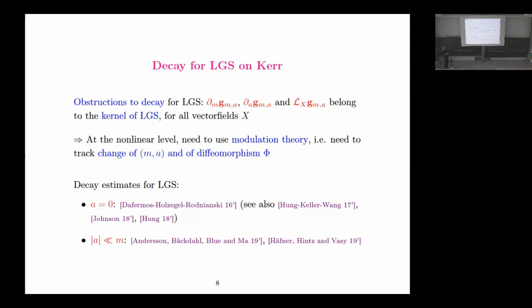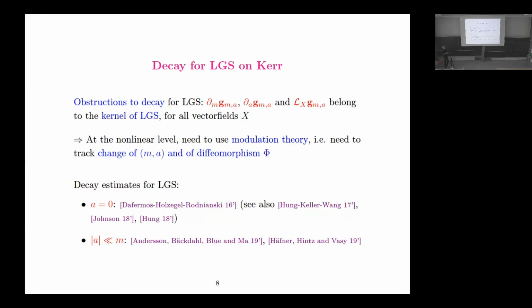At the nonlinear level, what you need to do, what this kernel reflects, is the fact that you will have to track the change in mass and angular momentum and in diffeomorphism. In other words, during your evolution, you want to be able to track how these parameters change, and you want to track the final parameters. Otherwise, even though the solution converges, you yourself will not be able to tell.